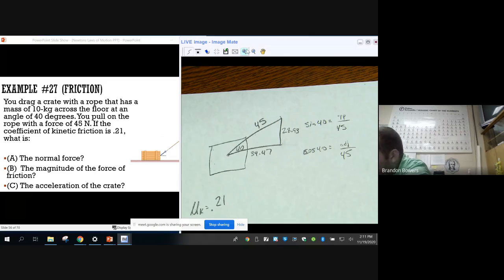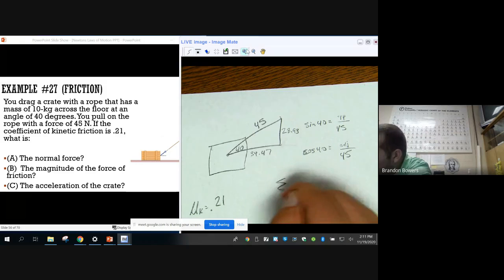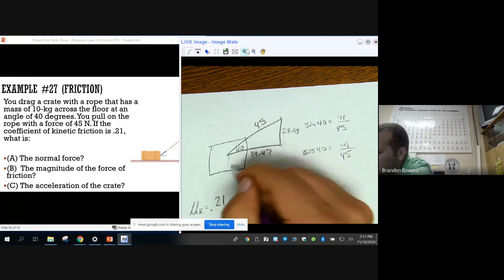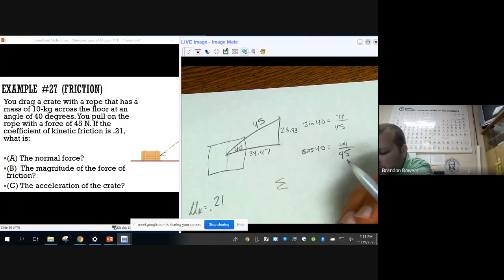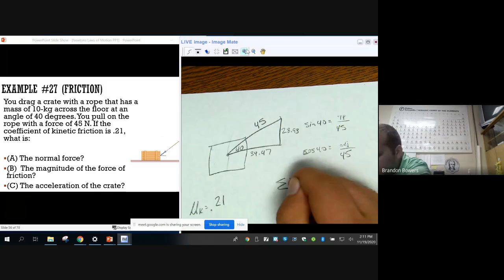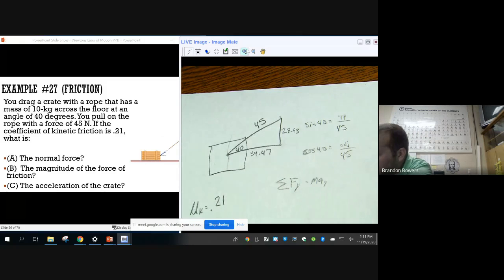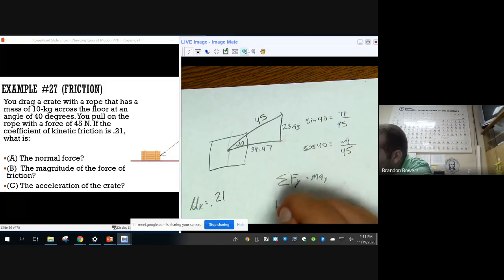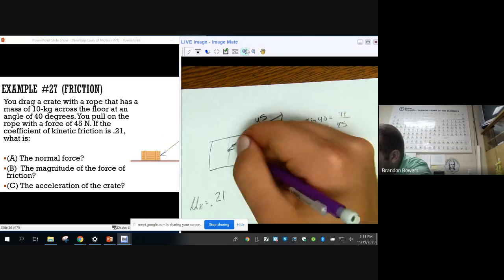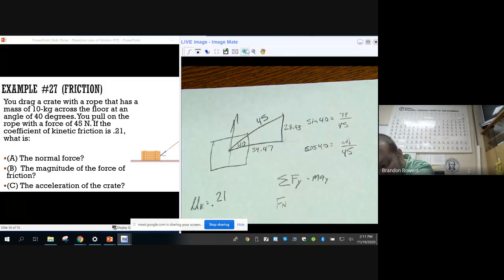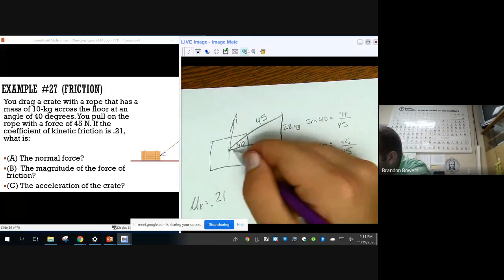So the first question said, what is the normal force? So what I've got to do is, since gravity is not the only force acting on it, that's not the same as the normal force. So I got to look at the sum of forces in the y direction equals the mass times acceleration in the y direction. So the normal force is going up, right? However, also in the y direction, I have gravity going down.